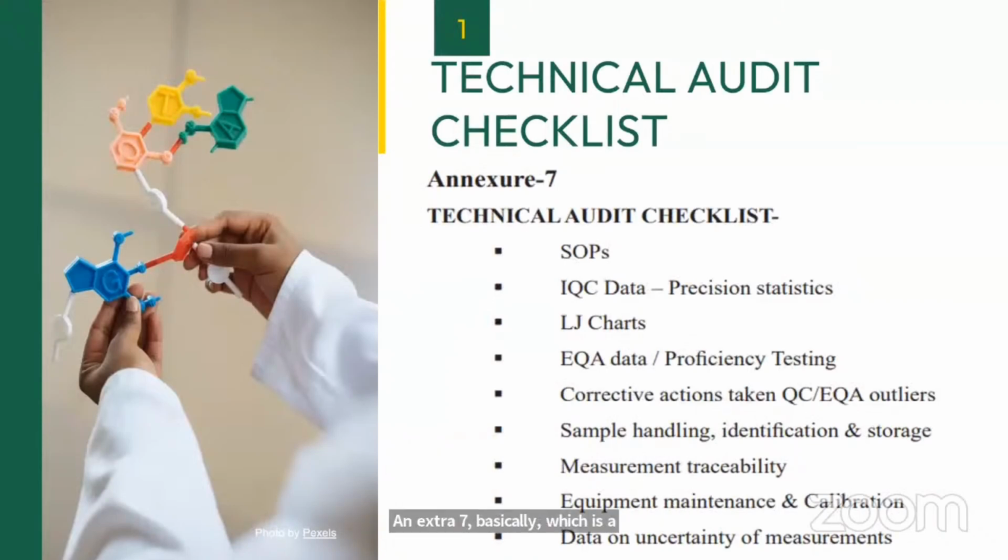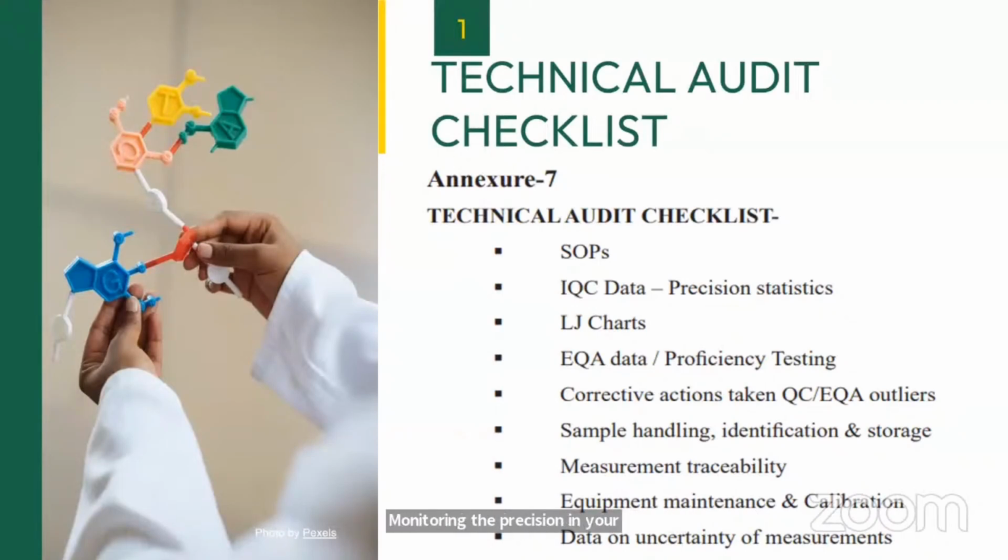So what are the components of this audit checklist? SOPs should be there. SOPs should be audited. SOPs, as I have mentioned, standard operating procedures, how to prepare the SOPs, how the SOPs should be written in detail, we have already seen in the previous class. Then your IQC data, that is precision statistics. IQCs are used for the purpose of monitoring the precision in your laboratory results.